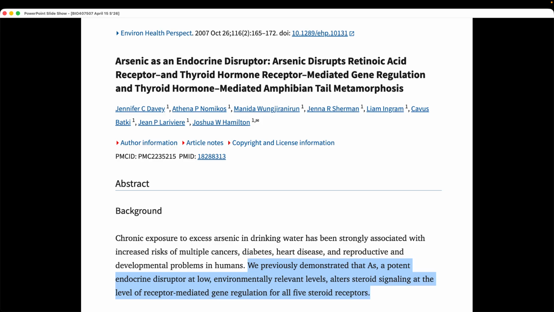And then just in the background of it, this same group says, we previously demonstrated that arsenic, a potent endocrine disruptor at low environmentally relevant levels, altered steroid signaling at the level of receptor-mediated gene regulation for all 5 steroid receptors. So that caught my eye. And I note that I know this field pretty well, right?